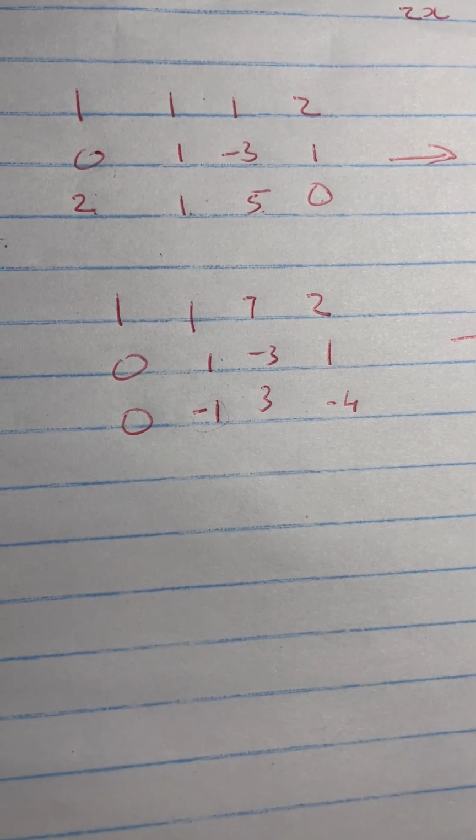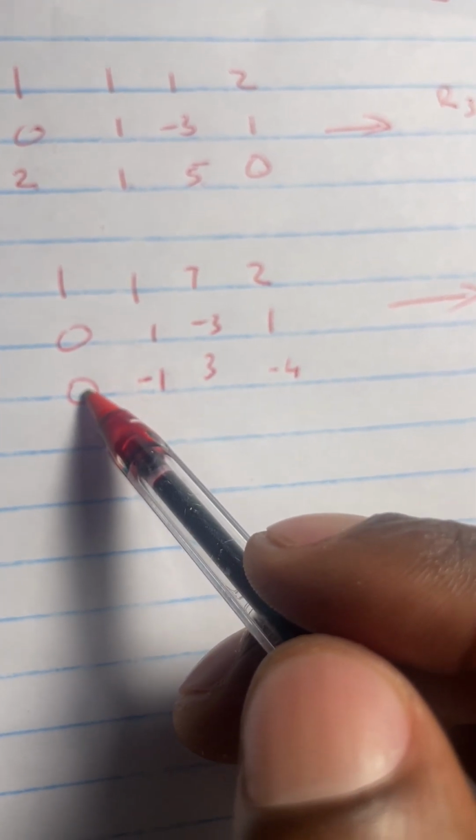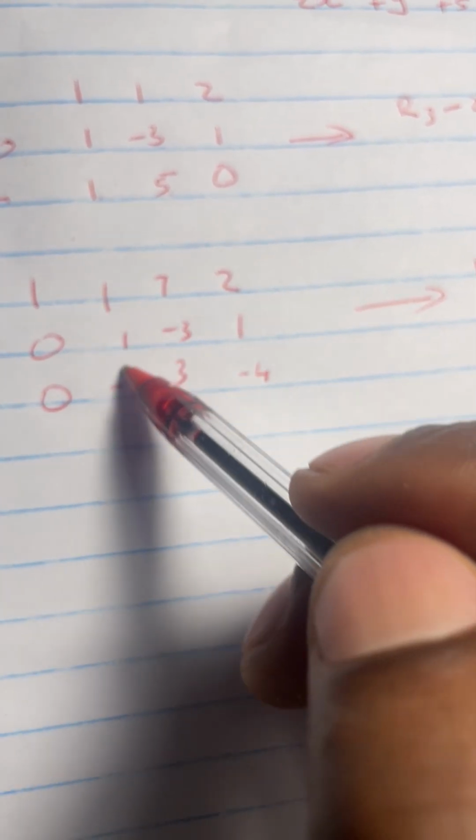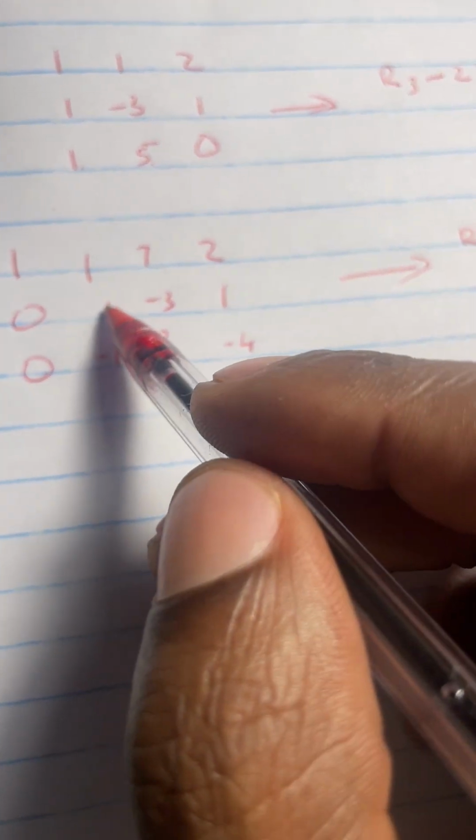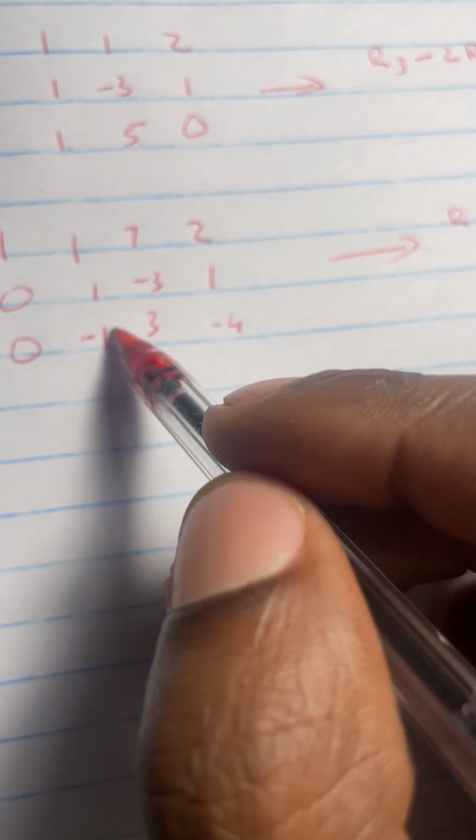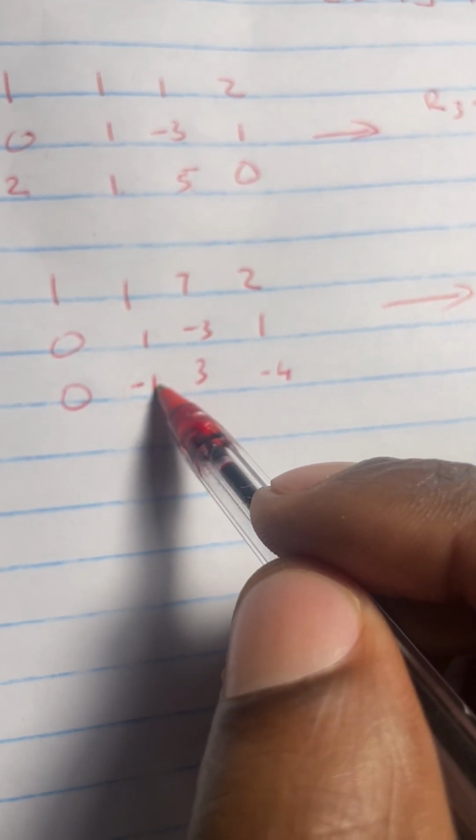This one is no longer our leading entry, because we have managed to change this to 0. Now I want to change this one to 0. We are just using columns now because our leading entry is this one, so we have to use this leading entry to change this negative 1 to 0.